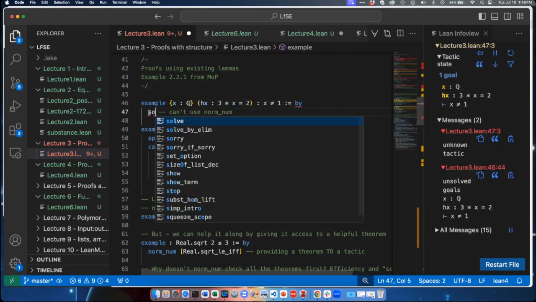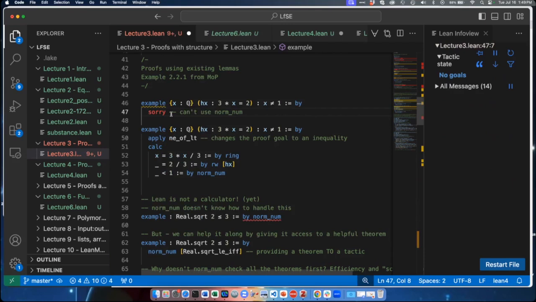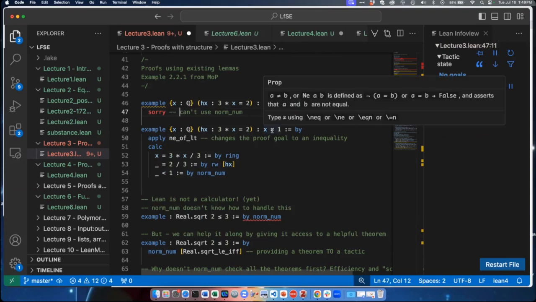We can't close it with norm_num, but there is a way to clean up this proof. And the way is by changing this proof goal from a not equal statement to an inequality statement.